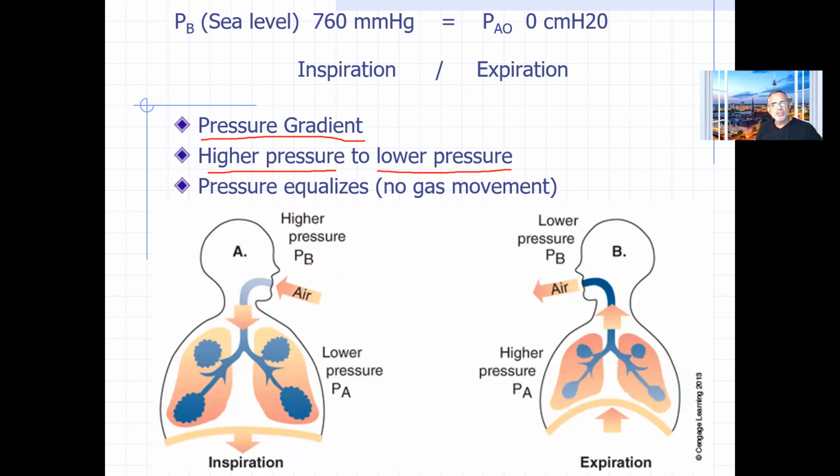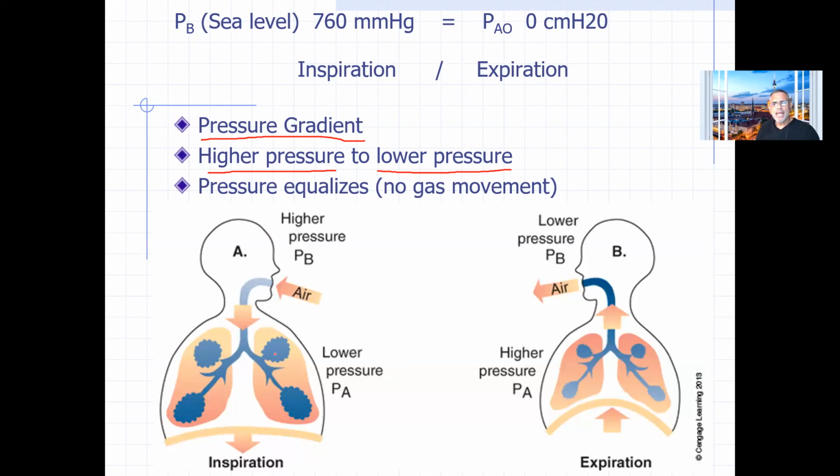So now we have to start looking at those pressures, starting here outside. Right now, when no gas is moving, such as at end exhalation when I'm relaxing, that must mean that the pressure between what is outside and what is inside, the baseline atmospheric or ambient pressure compared to the alveolar pressure, is equal.